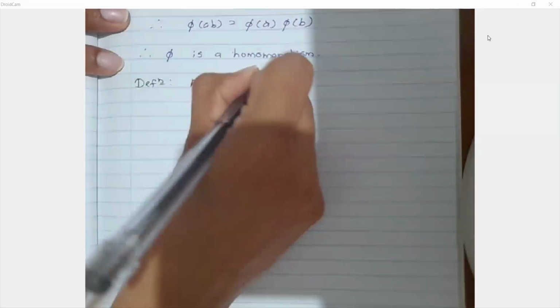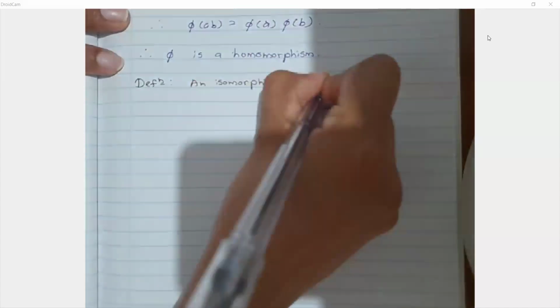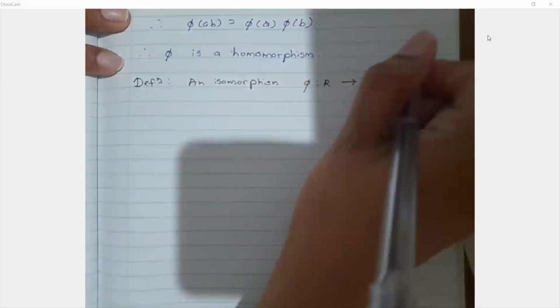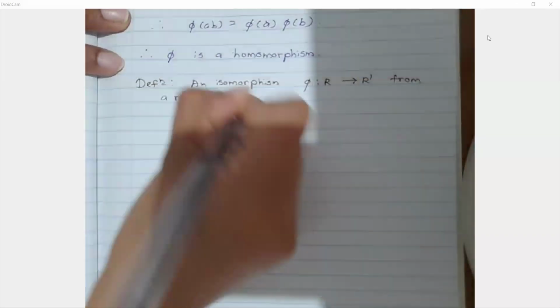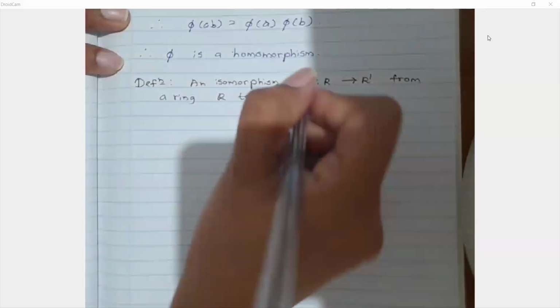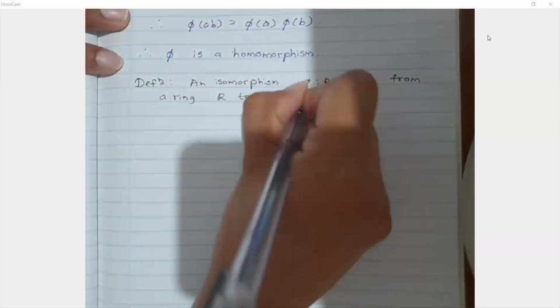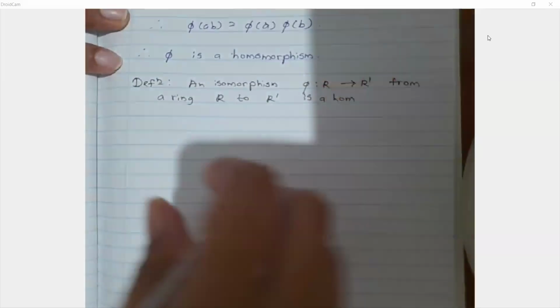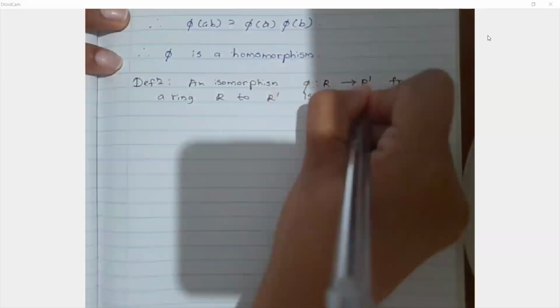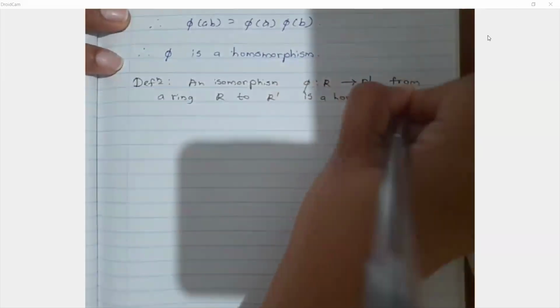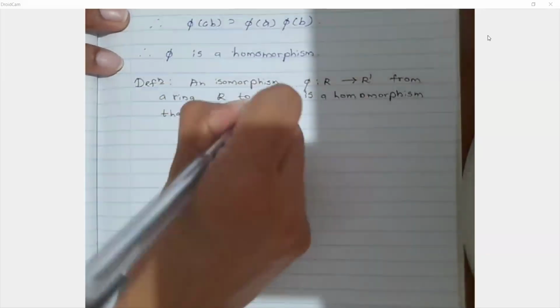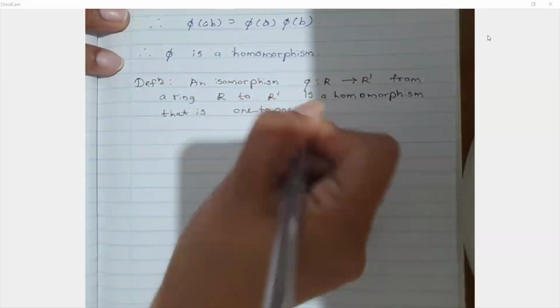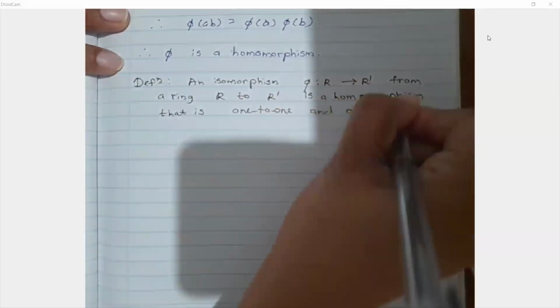An isomorphism phi from R to R prime, where R and R prime are two rings, is a ring homomorphism that is 1-to-1 and onto R prime.